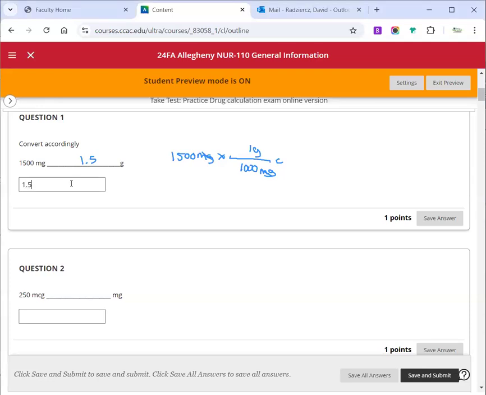Now, you don't want to put in the letter here because the unit is already indicated. When you do this, pay attention, because sometimes it will tell you not to enter the units, and sometimes it will tell you to enter the units.